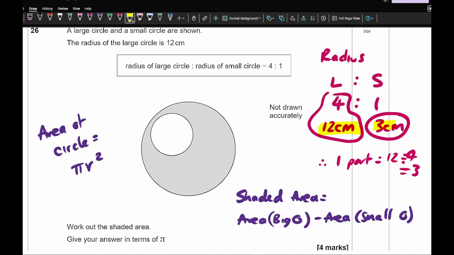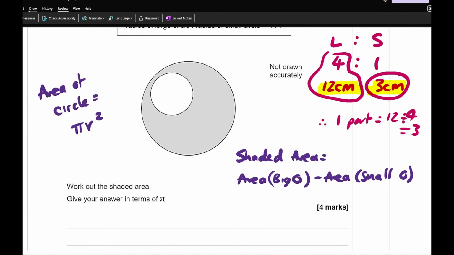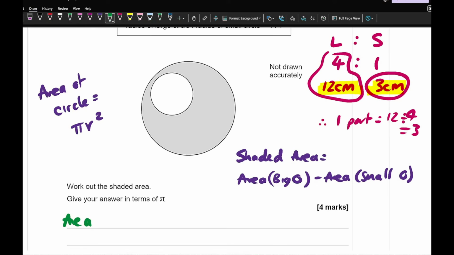So using these numbers here as our radiuses, the area of the big circle is going to be pi times 12 squared, which is 144 pi.